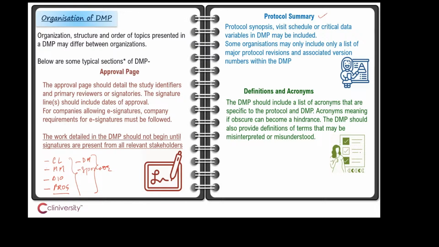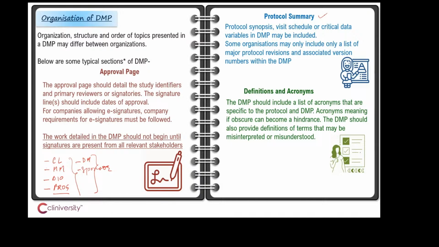The usual protocol will have the entire history of how the compound was being used. Then it will talk about details about each and every activity. The summary will just talk about the basics, the most critical data variables, and the general visit schedule.